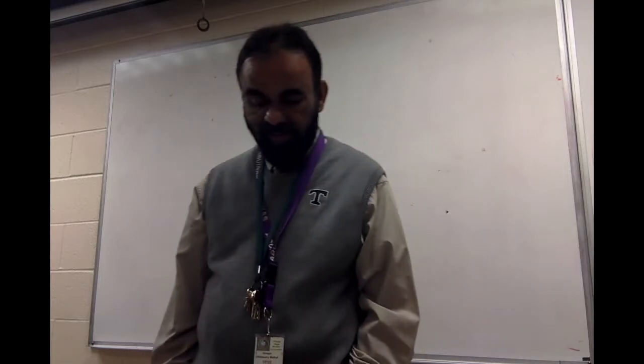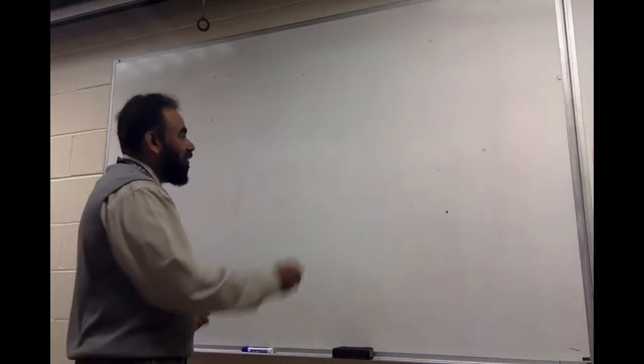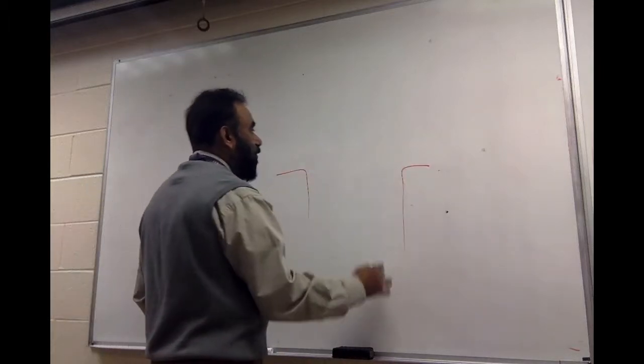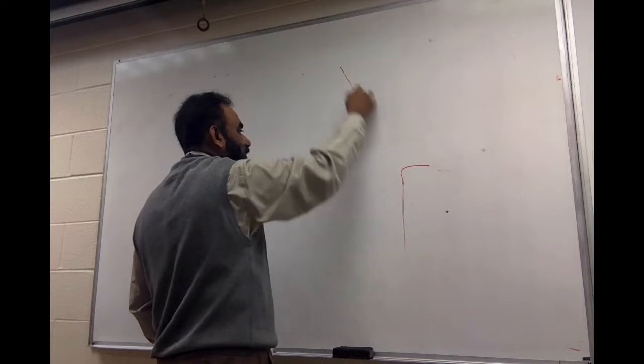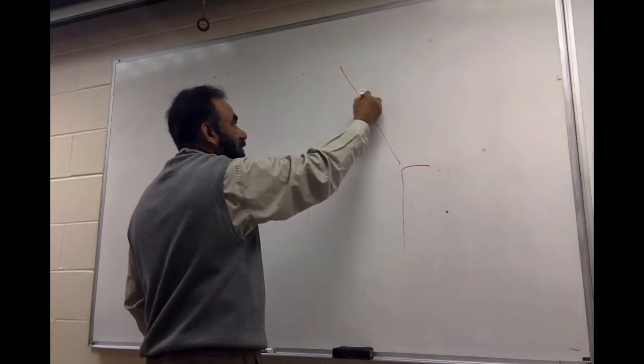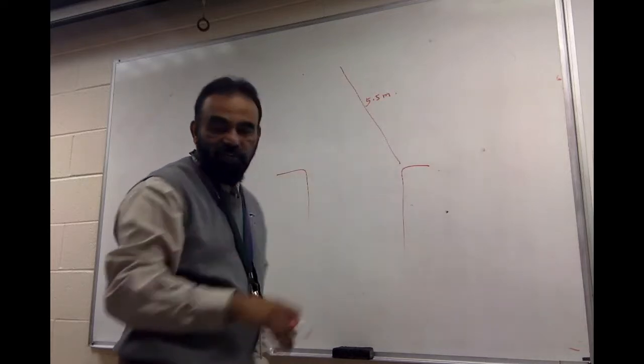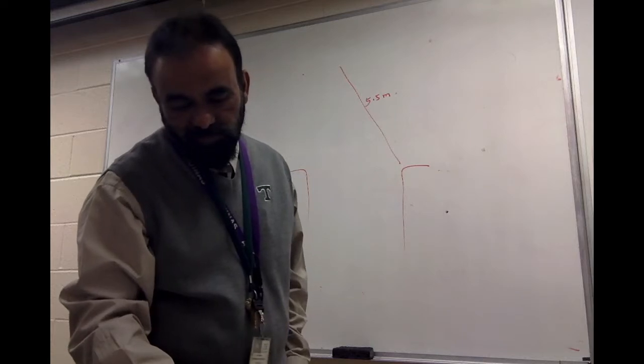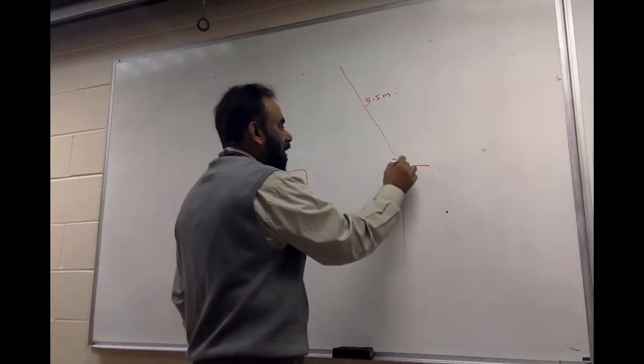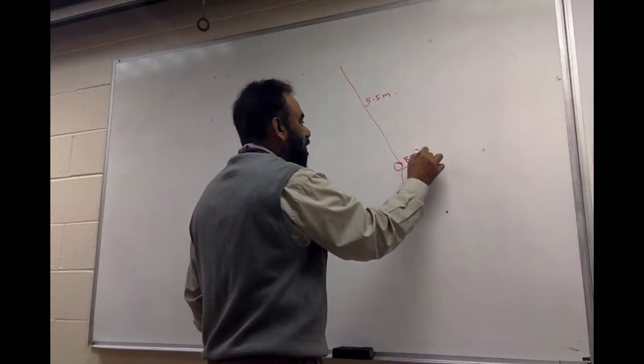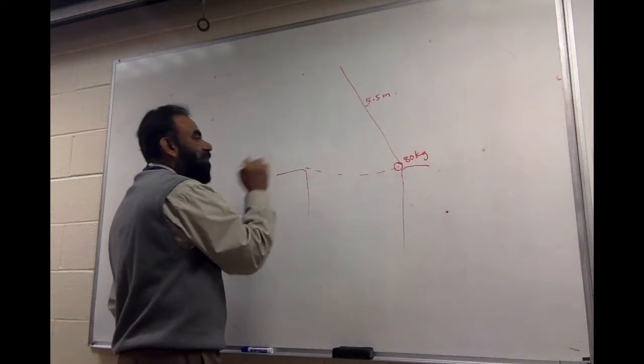And his mass is 80 kilograms, and the vine is 5.5 meters long. So he's crossing over 2 points, and the vine is hanging like that. So what is that? 5.5 meters long. That's a vine, and he's 80 kilograms, and he's swinging like that.